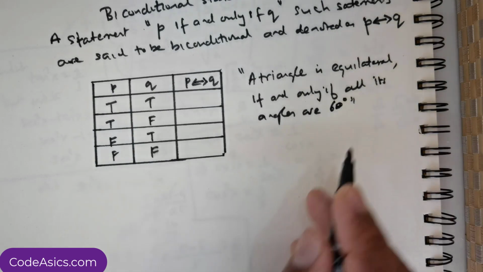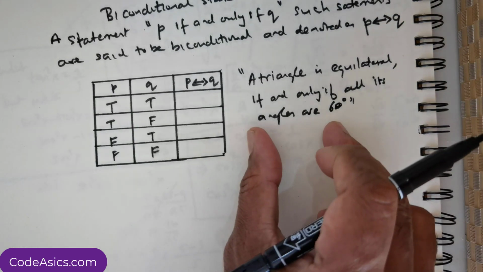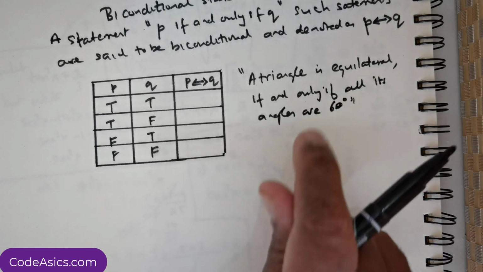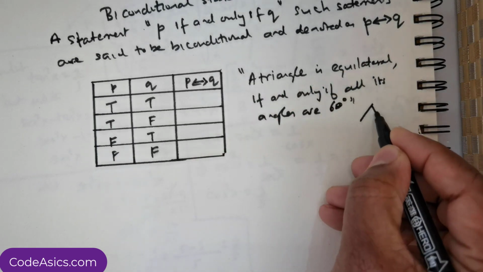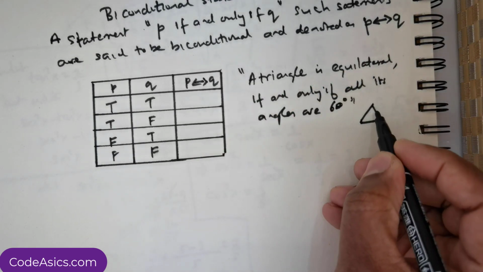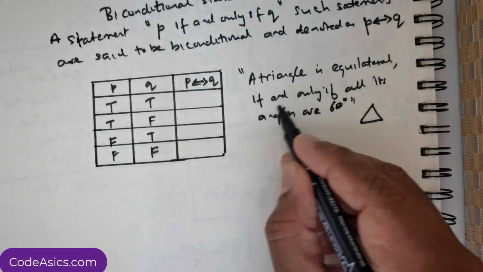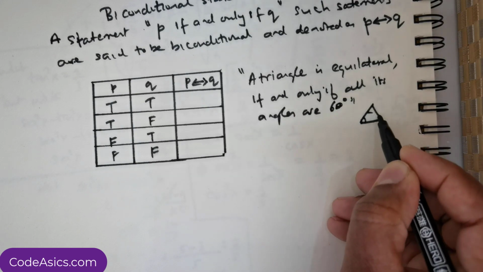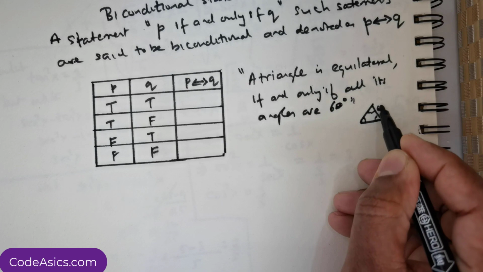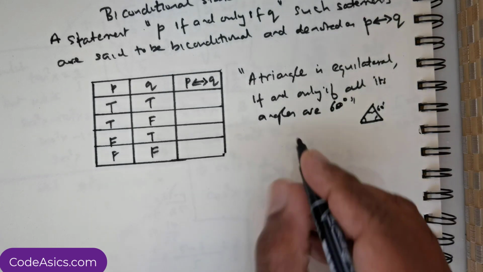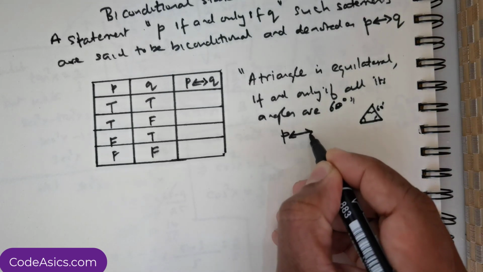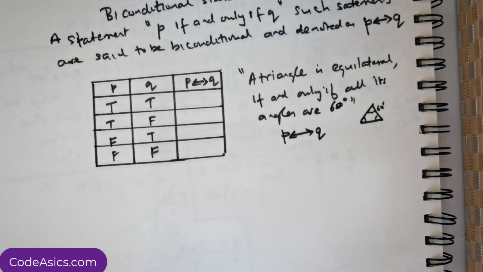So this is my Q part, all its angles. So a triangle can be equilateral. A triangle is equilateral if and only if all its angles are 60 degrees. So this is what we call the biconditional statement.